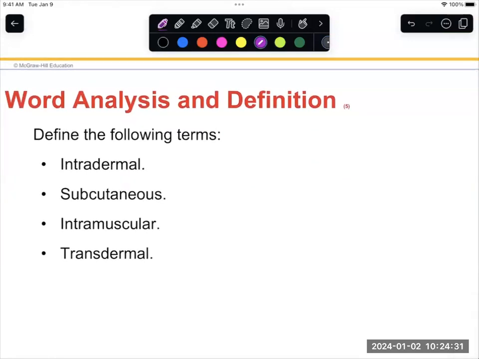Intradermal, this is going to be within the epidermis. Subcutaneous, below the skin.